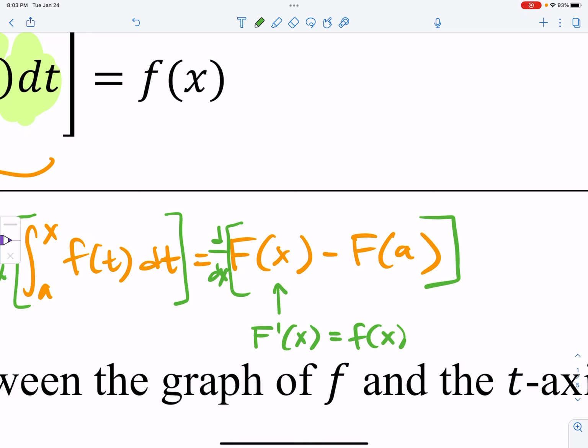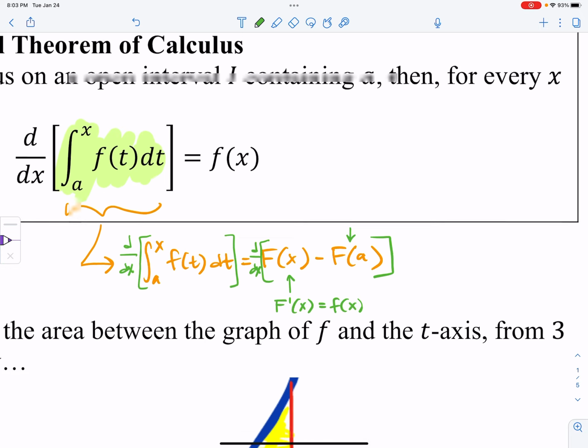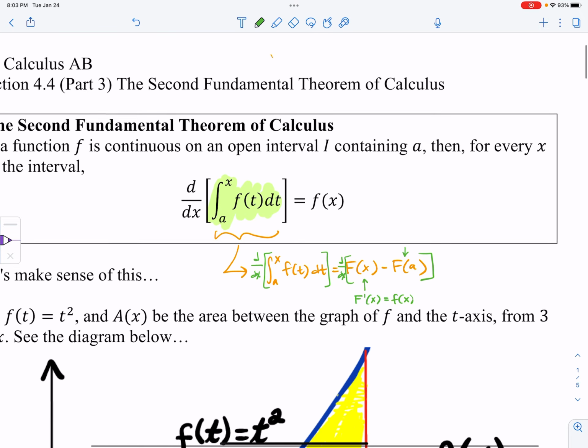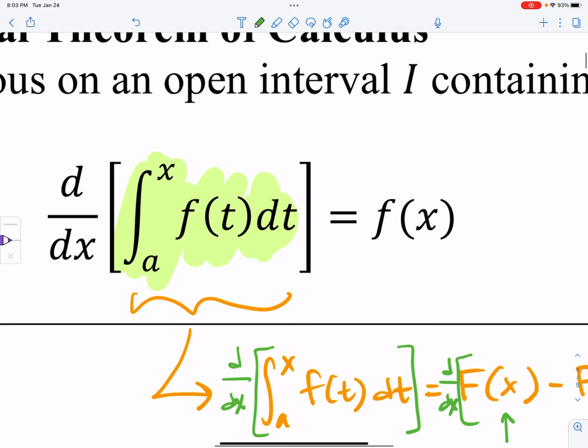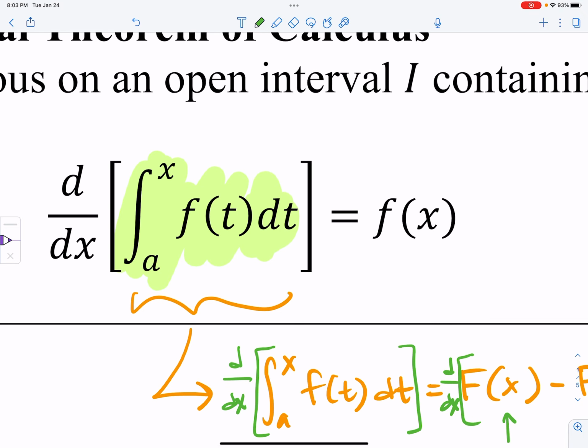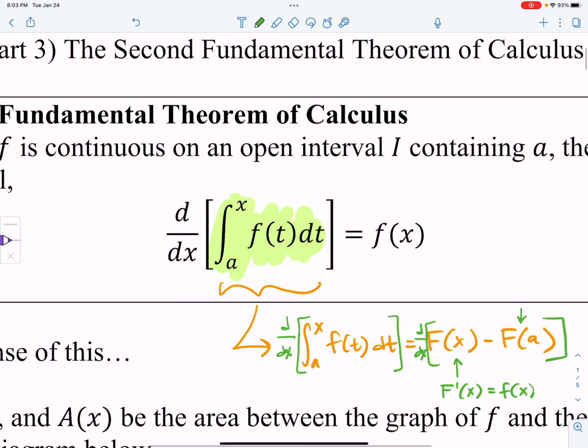And then the derivative of minus capital F of a, well, capital F of a would be a constant, and the derivative of a constant is just 0. So that's one way to wrap your brain around what this statement is saying in the second fundamental theorem of calculus.